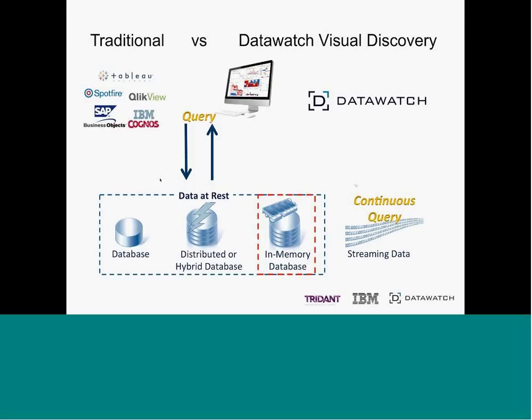The difference for Datawatch in this world is our ability to handle continuous query against streaming data, ActiveMQ messages, or streams from IBM Streams or Aces, what have you. But again, I don't know how relevant that capability is to this audience. I think in the future, we're all streaming data.